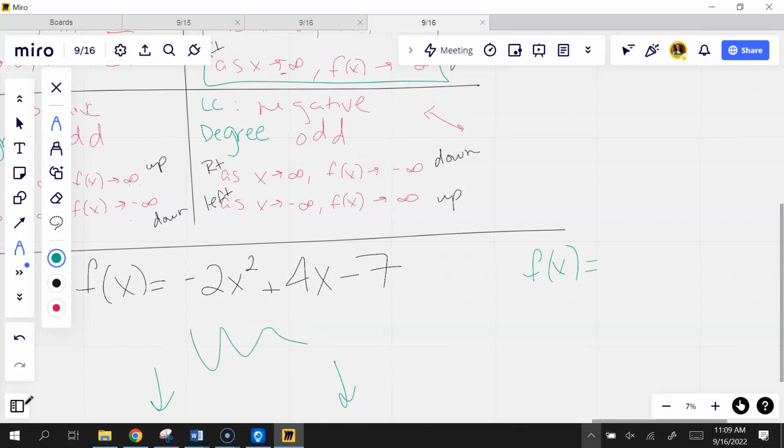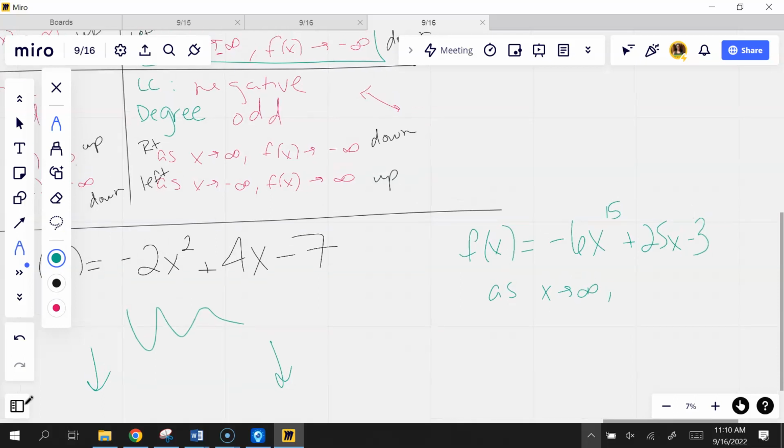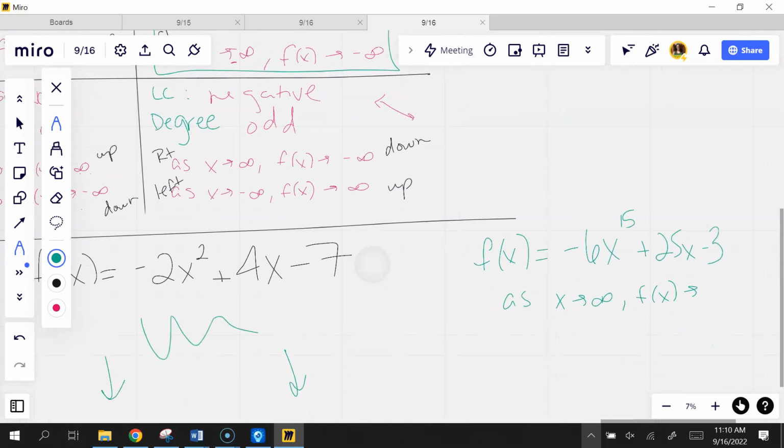How about this one? Negative odd. So if you can think of a negative odd, that's an easy one to do, like a negative sloped line. So as x approaches infinity, f of x approaches. So which one?